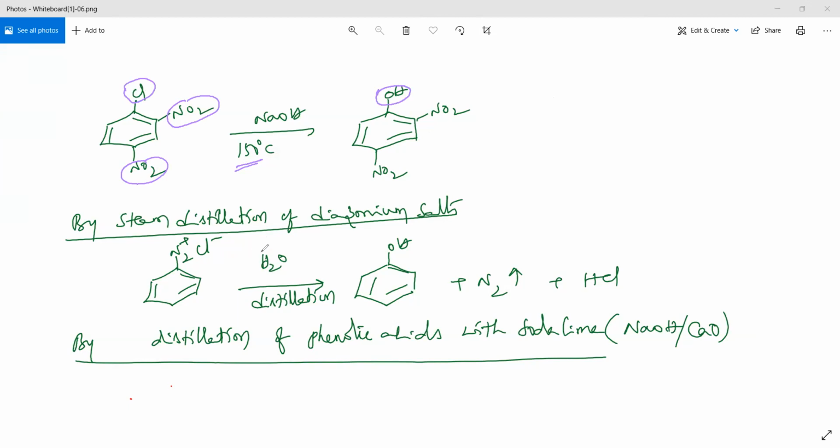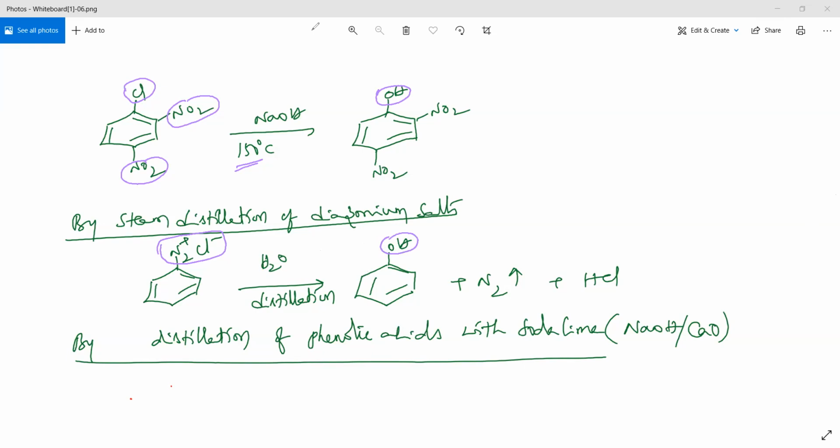Next, steam distillation of diazonium salts. This is a diazonium salt. Upon treatment with water, that means distillation, the N2 diazonium group is substituted by OH minus. Similarly, distillation of phenolic acids: decarboxylation.